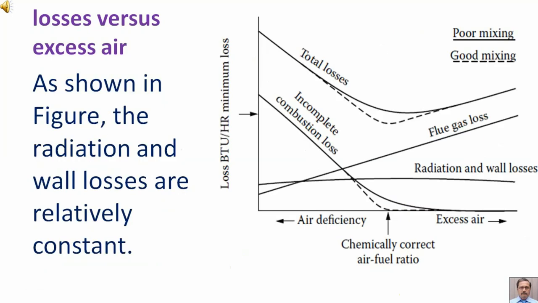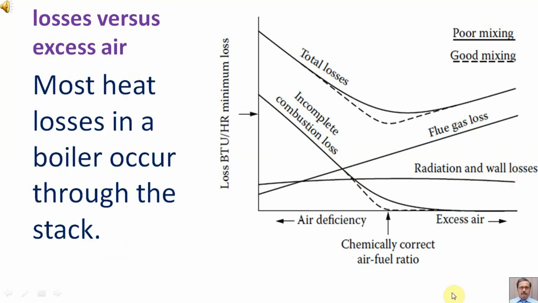As shown in figure, the radiation and wall losses are relatively constant. Most heat losses in a boiler occur through the stack. Stack means chimney.